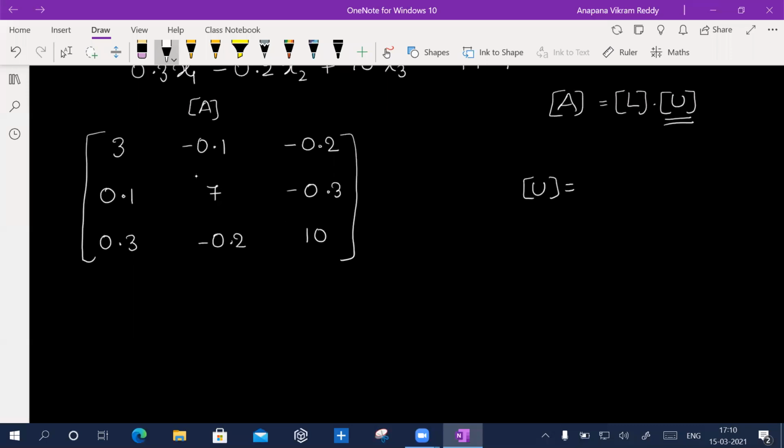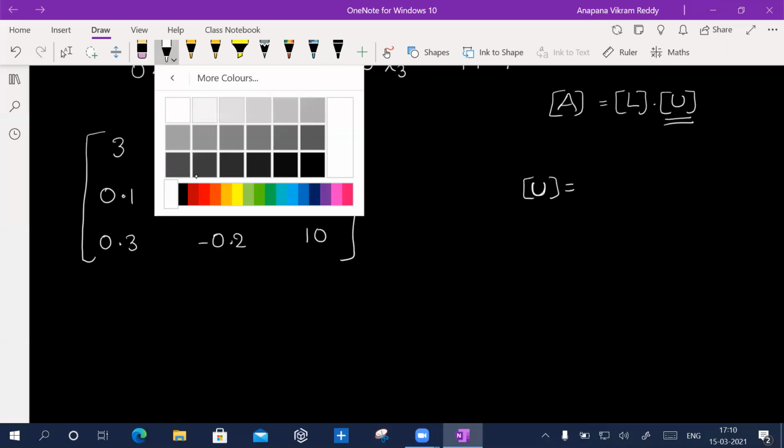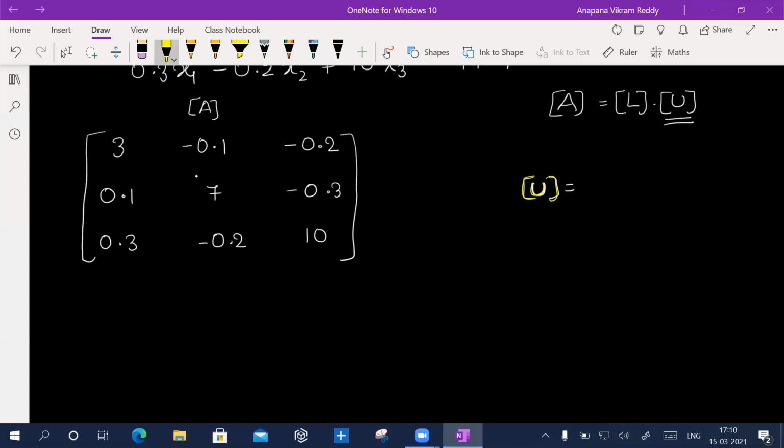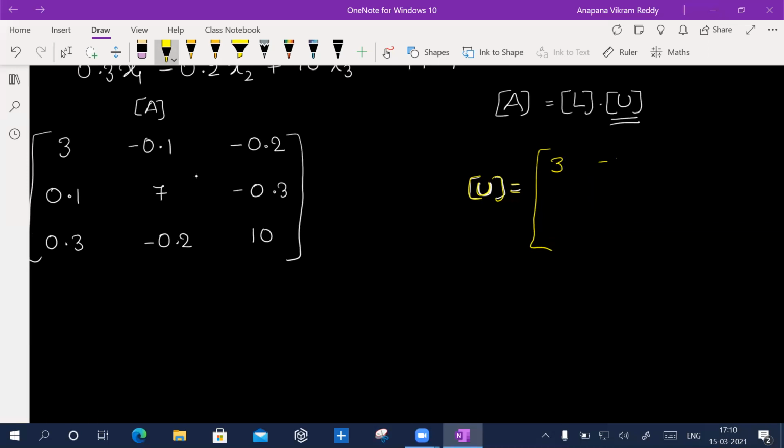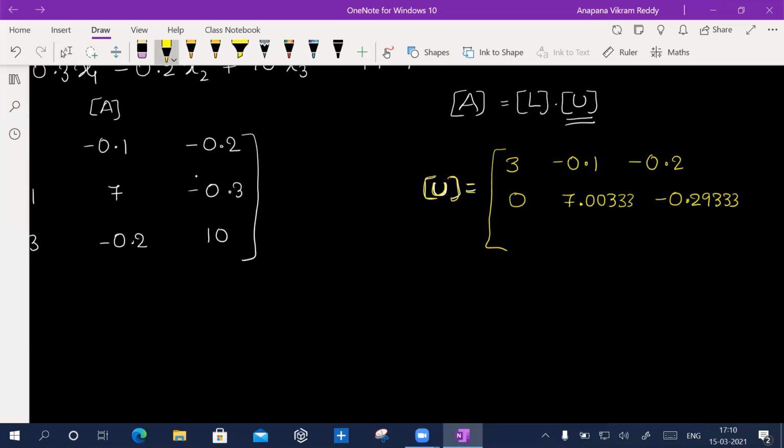So 3, negative 0.1, negative 0.2; 0, 7.00333, negative 0.29333; and then 0, 0, 10.0120.